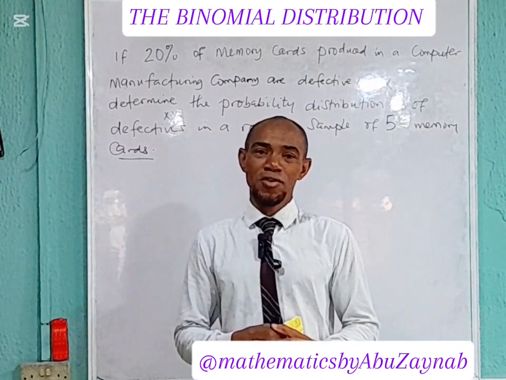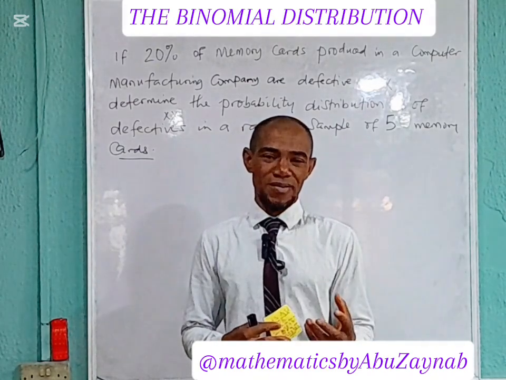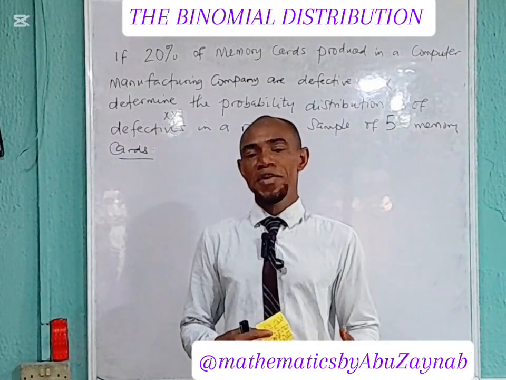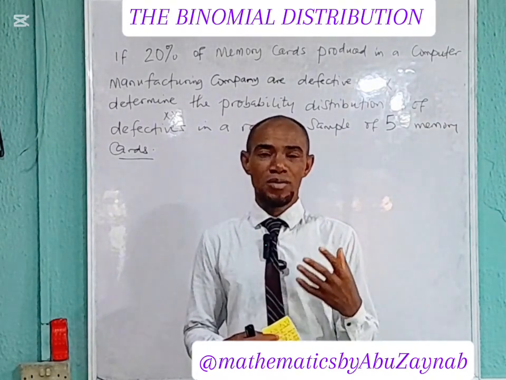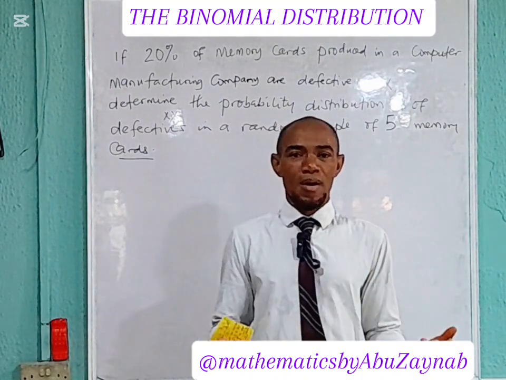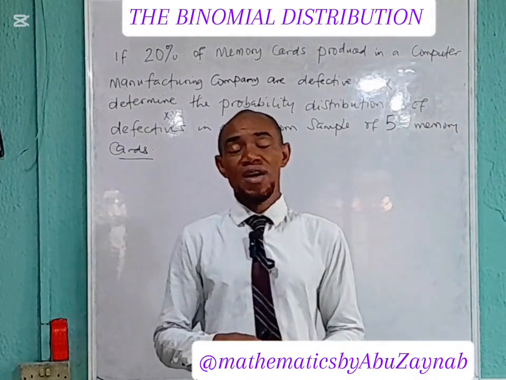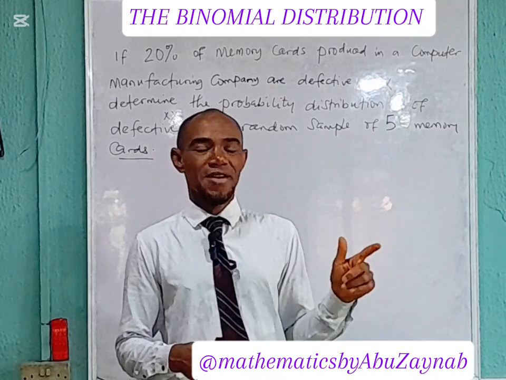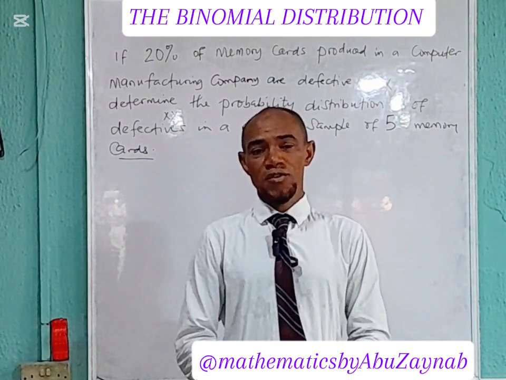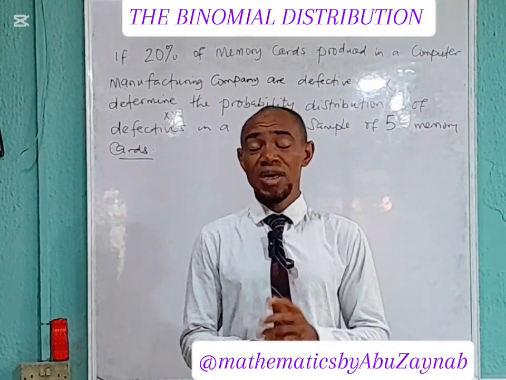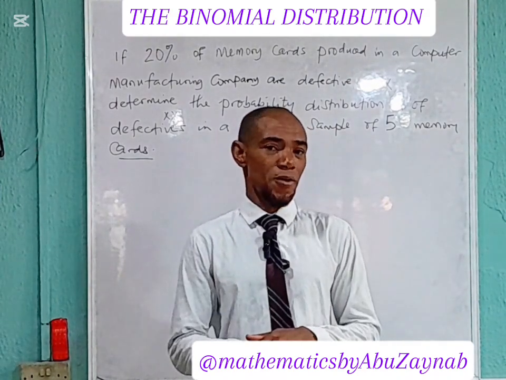We started the last video with looking at the properties that must be met for a random variable to be called a binomial distribution. For the sake of revision, these properties are as follows. One, there must be n fixed number of trials, and each trial must only have two possible outcomes, which I mentioned as success or failure.